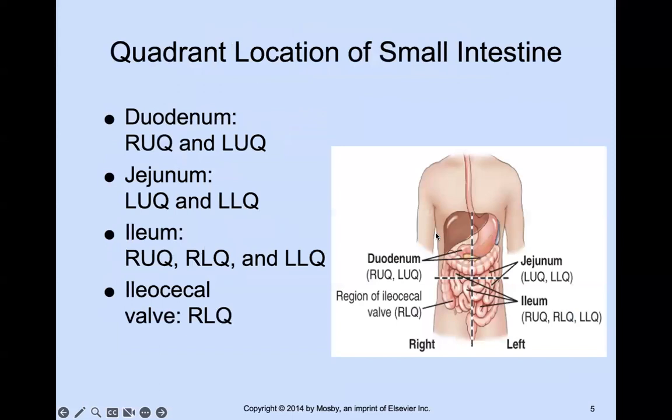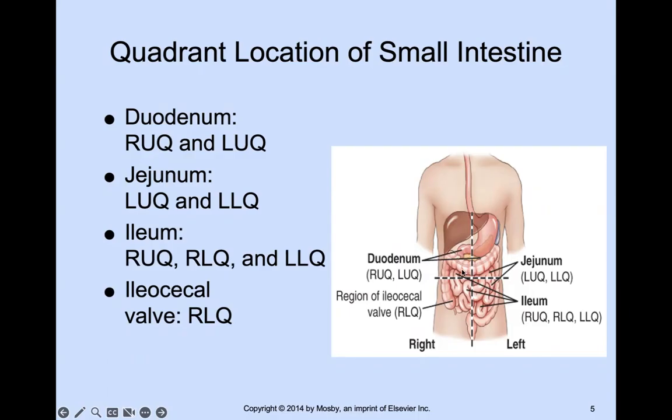So it's important that we're aware of, like I mentioned last week, where our organs lie and in which quadrant they're located. Okay, so we talked about the stomach. We said that the stomach is in the left upper quadrant. The liver occupies the majority of the right upper quadrant. So the stomach is on the left and it empties over onto the right side into the duodenum.